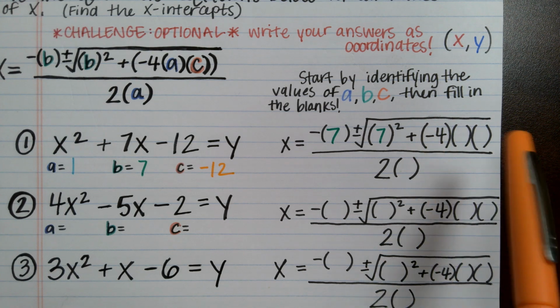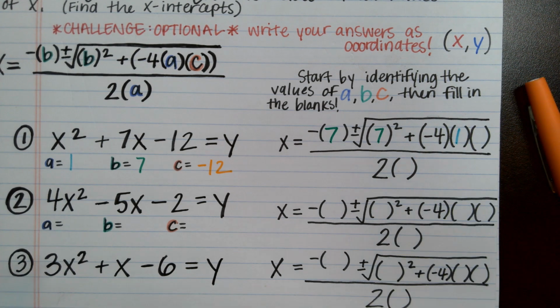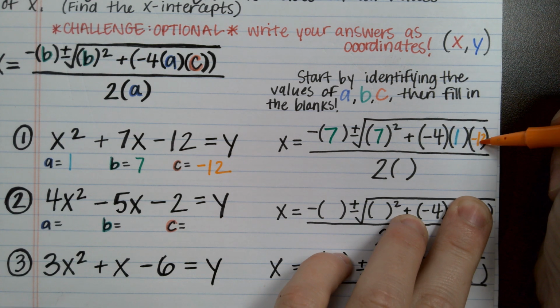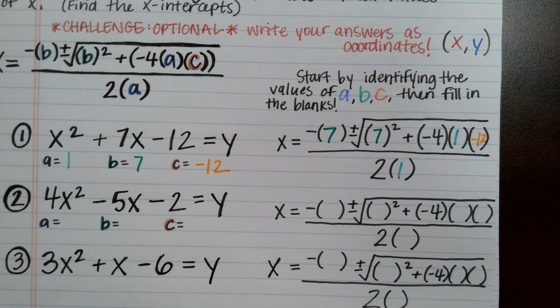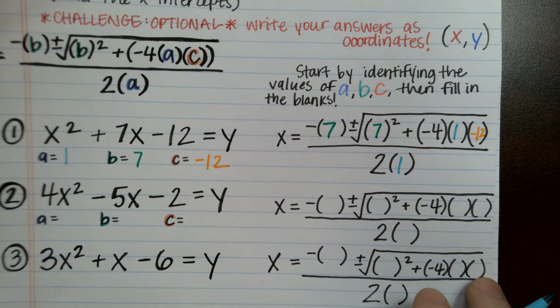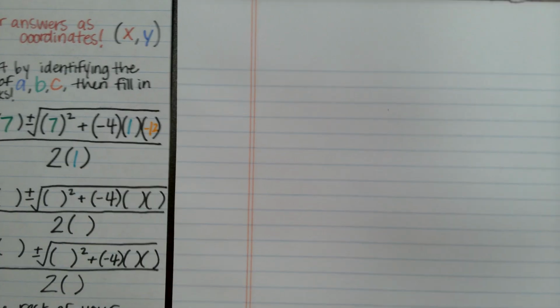Plus negative 4 times what? 1 times what? Good, negative 12. Okay, and then all over 2 times what? 1. Perfect.